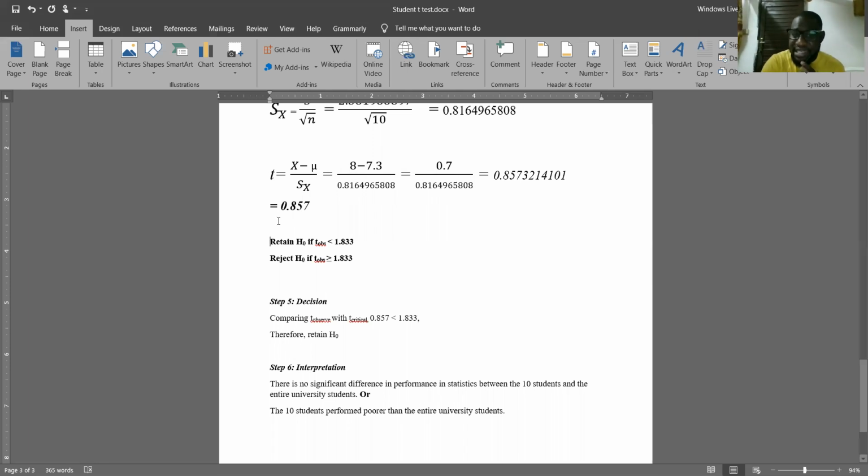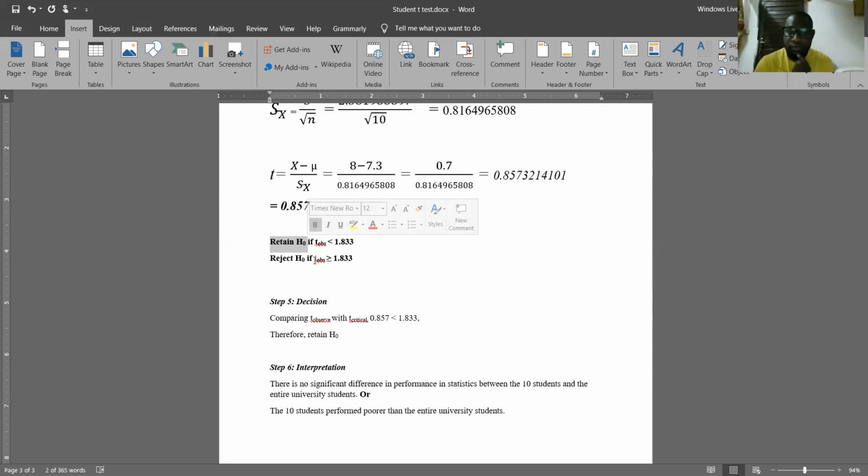We indicated that if 0.857 is less than 1.833, we have to retain H0. But if our t observed, which is 0.857, is greater than or equal to 1.833, we have to reject H0.